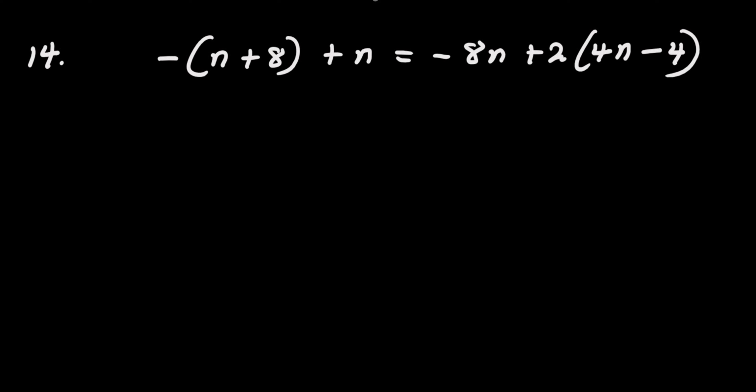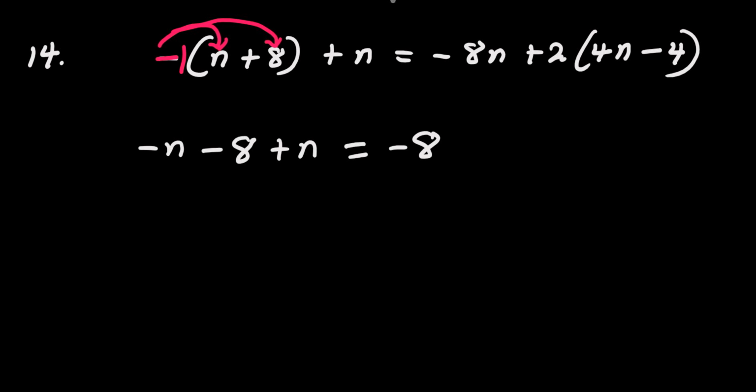So now you can see we have a negative sign before the parenthesis. So see that as negative 1 and simply distribute that into the content of the parenthesis. So negative 1 times n gives us negative n. Negative 1 times positive 8 will give us negative 8, plus n equals negative 8n.